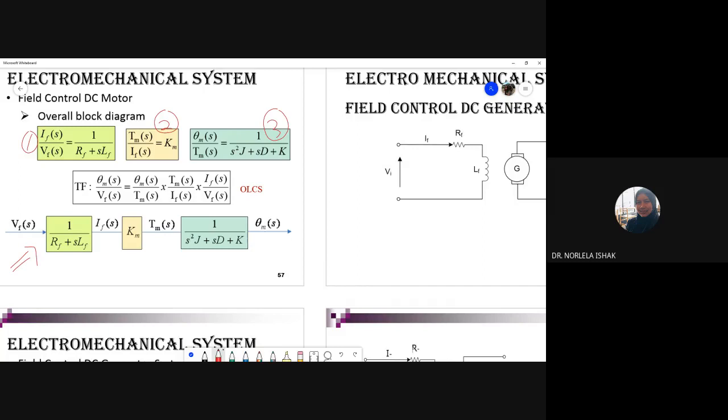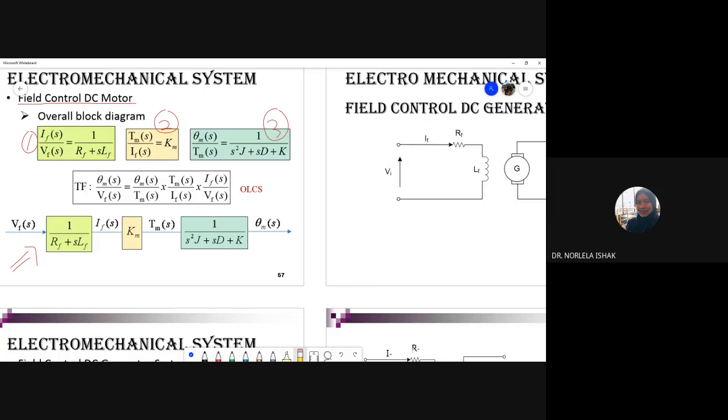From our first case study, the system is a closed loop because it has feedback. For this second one, the field control DC motor, this is an open loop system because there is no feedback element here. So this is an open loop control system.